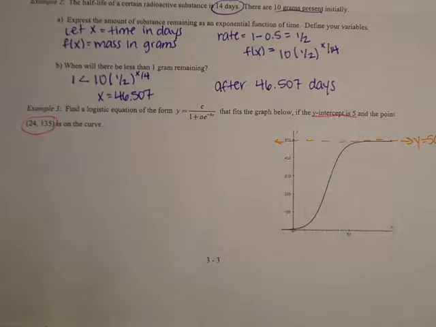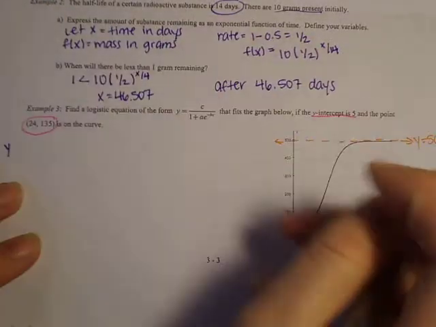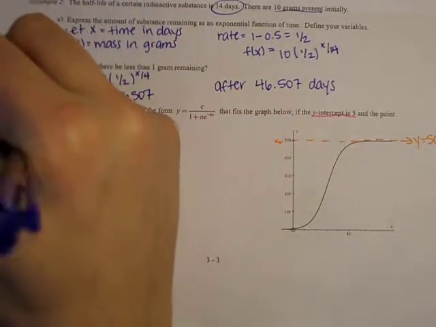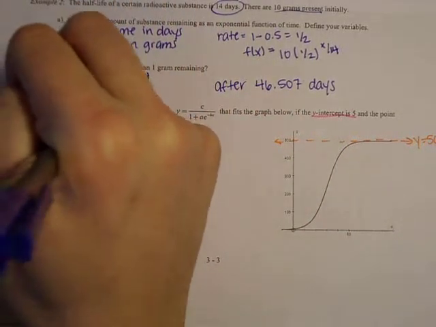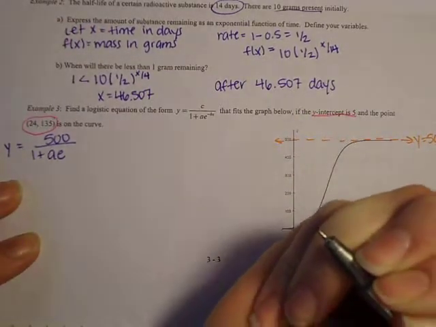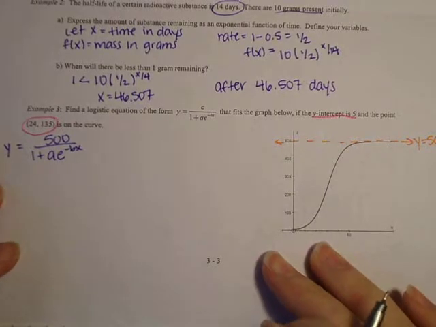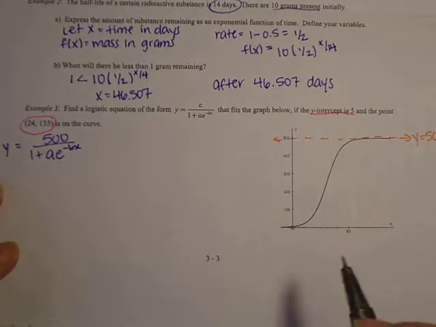So we can start by building our equation. Our equation so far, using our limit of growth of 500, is 500 all over 1 plus A e raised to the negative bx. So now let's use our y-intercept of (0, 5).